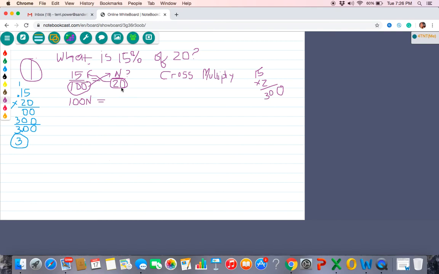You can also think of it this way. Another way to think about it is, how about 20 times 5, which is 100, and then 20 times 10, because there's 5 ones times 20 is 100, and then 20 tens is 200.